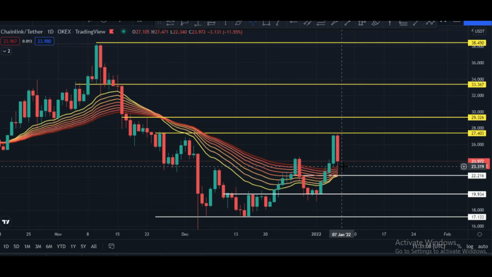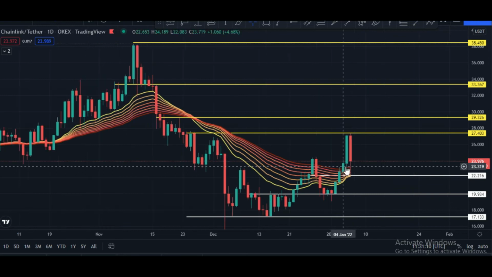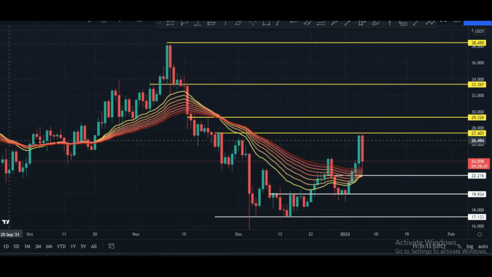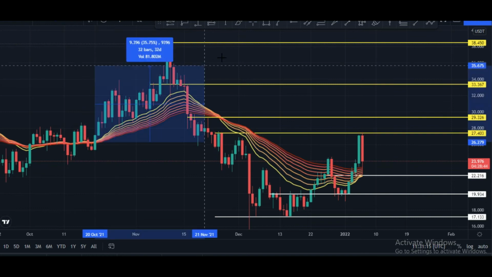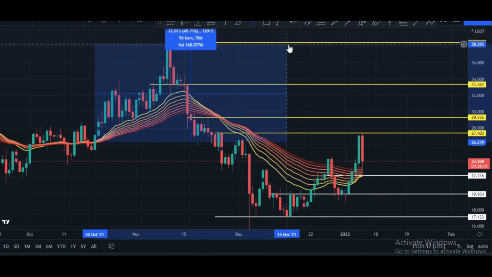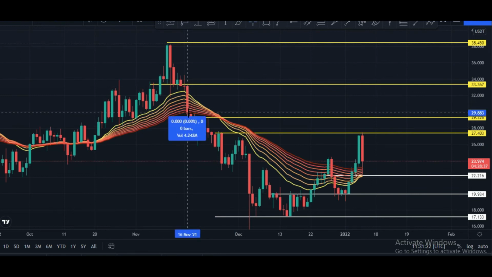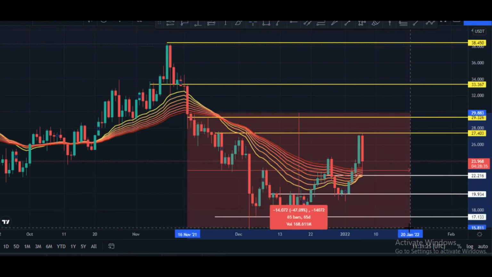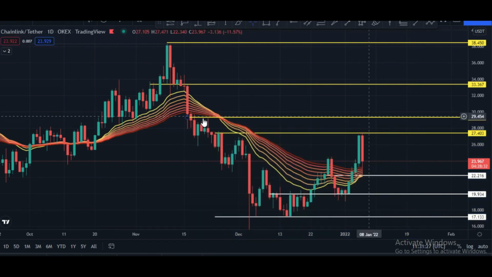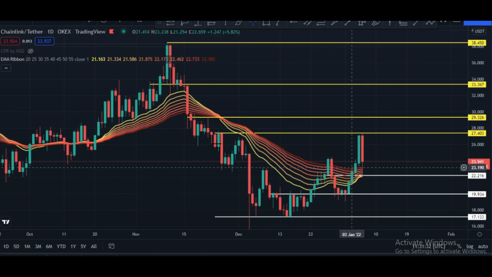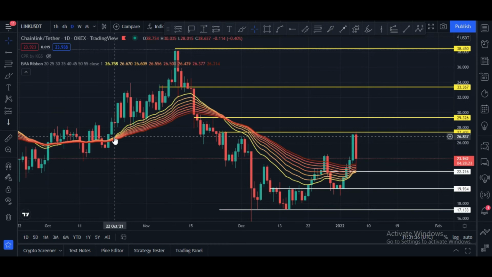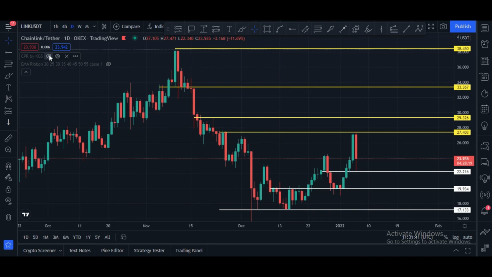Last time when it happened, we can see that it was a move of 45% towards the upside, and the time before that, it was a destructive move of 47%. Candles have to hold this area. If candles break this area, then price can go down to maybe the $18 price area. We have to watch this very clearly.